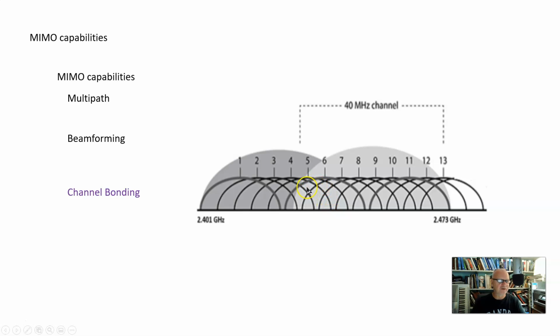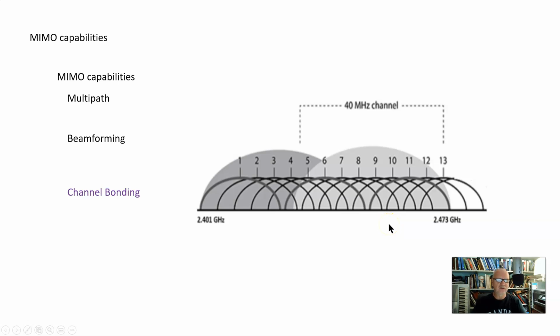We've looked at FHSS and DSSS where we use multiple sub-channels, but one thing that MIMO can do is combine multiple sub-channels into a single channel to give it greater bandwidth per channel. And if it's not using all of these, then it might as well combine them and get greater capacity per channel that way. So those are the three things that MIMO gives us.